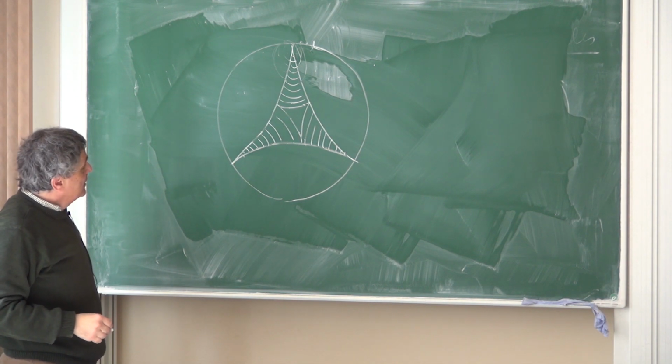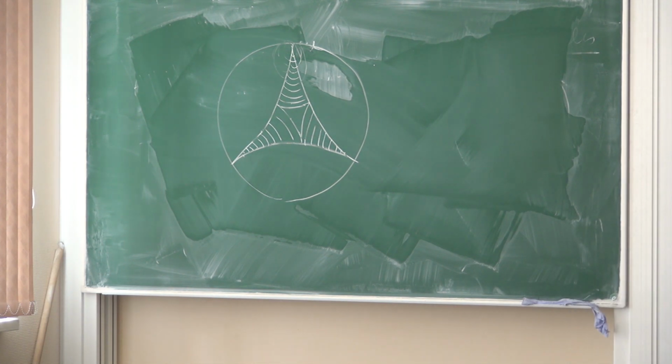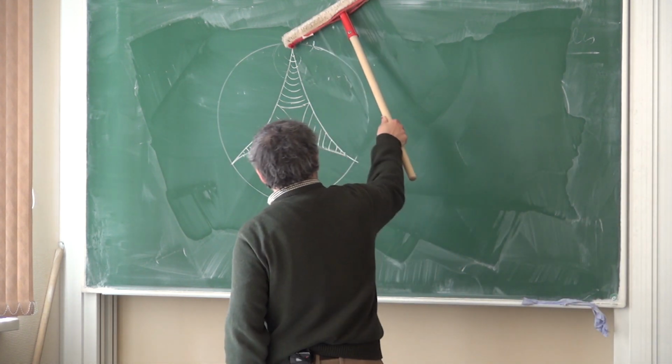And then Thurston defines a Lipschitz map. Now we don't need this anymore. We just need the triangle.